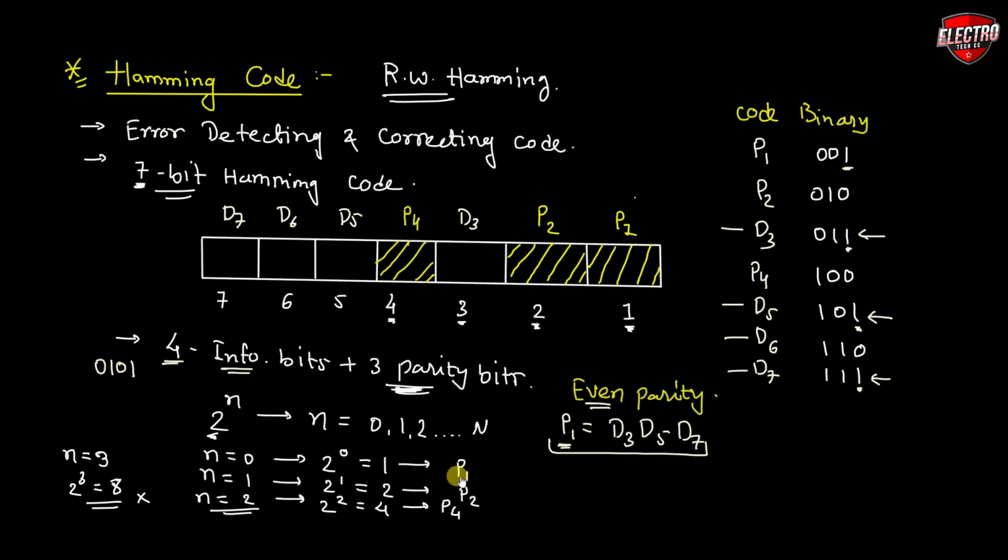That means the value for D3 is equal to 1, the value for D5 is equal to 0, the value for D6 is equal to 1 and the value for D7 is equal to 0. Now if we check D3 in our example, D3 is equal to 1, D5 is equal to 0, D7 is equal to 0.